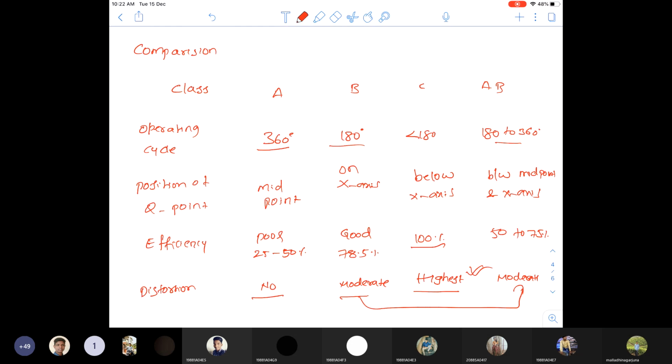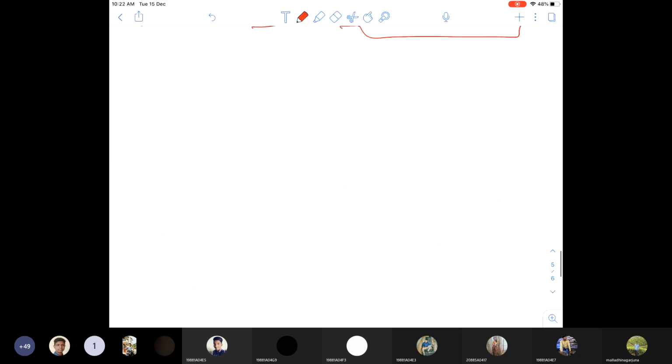Yes, sir. Okay, now take the heading. Next, class A power amplifier. In class A, there are two types I told you. What are the two types of class A power amplifiers? Series fed and transformer coupled.